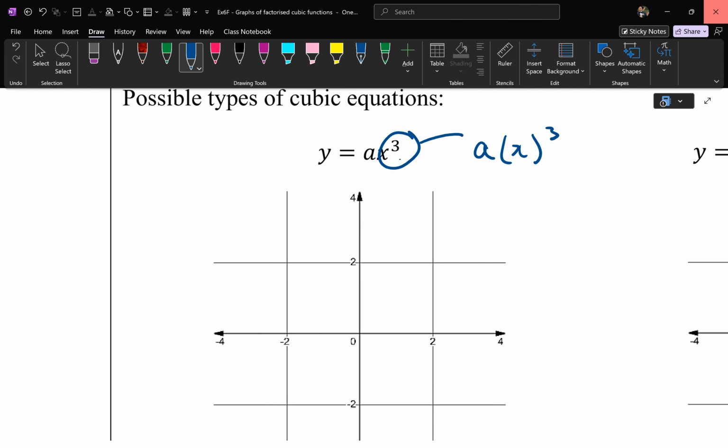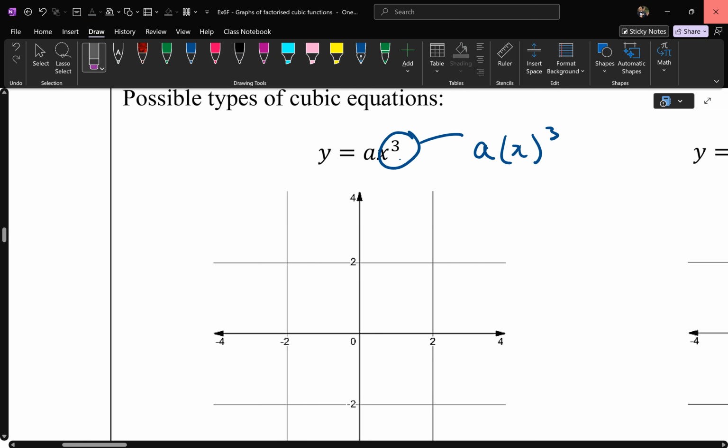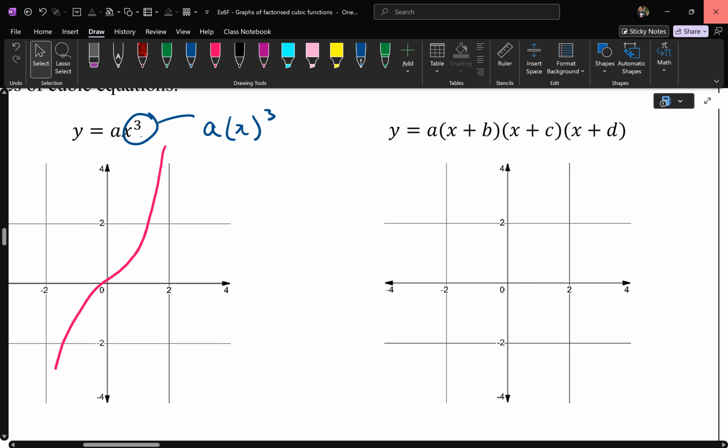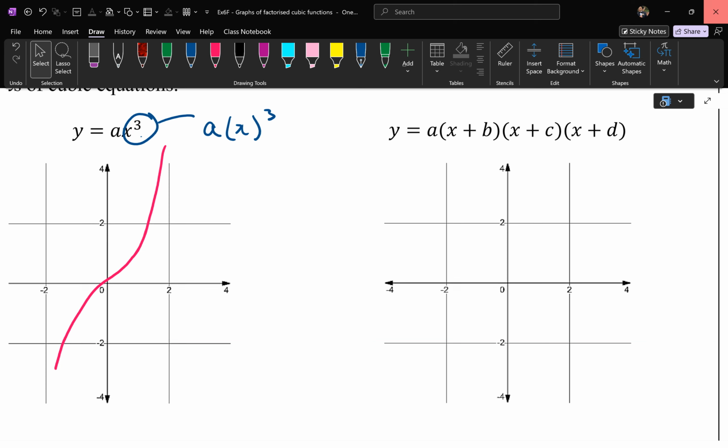This one should look more like this. Draw this in. Should look more something like this. Okay, so 1 intercept. Let's look at the next one. How many intercepts do you think this one's going to have? 3. It has 3 brackets, and they're all at different points.